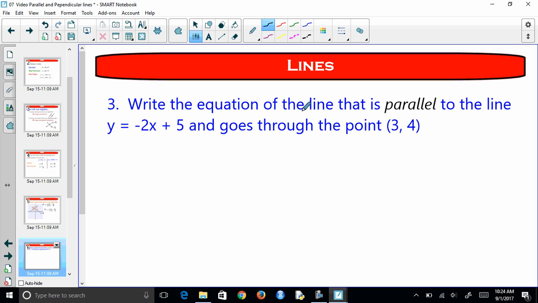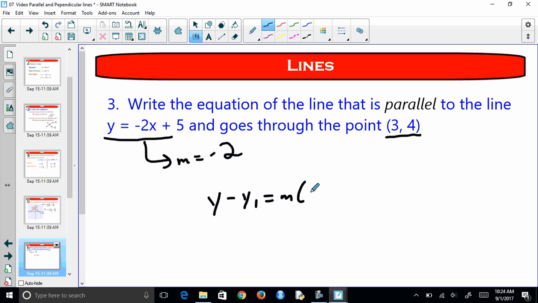Now write an equation that's parallel to this line, but it goes through the point 3, 4. Well, if it's parallel to this, we know the slope has to be negative 2. Now, if I have a slope and I have a point, the best way to write it is the point-slope form, because I have y minus y1 equals m times x minus x1.